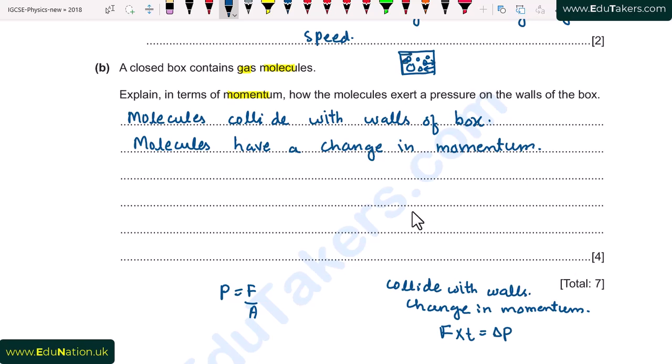That's why there will be the change in momentum. And this exerts a force on the molecules as F is equal to delta P over t.